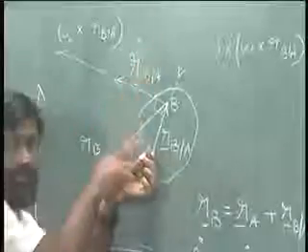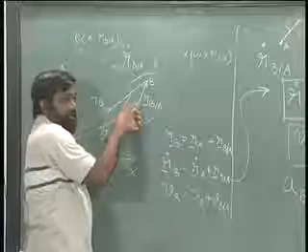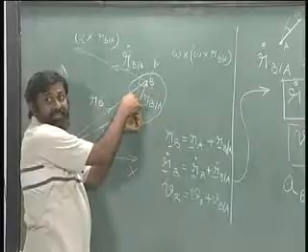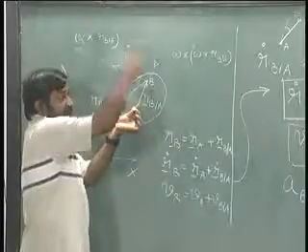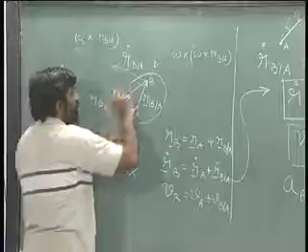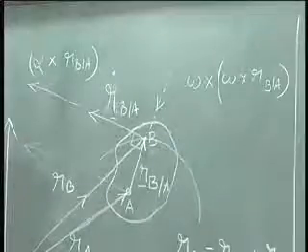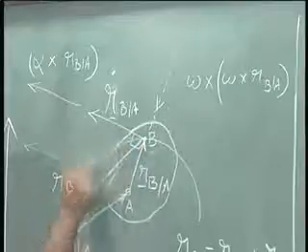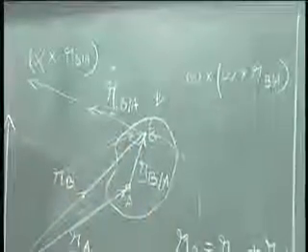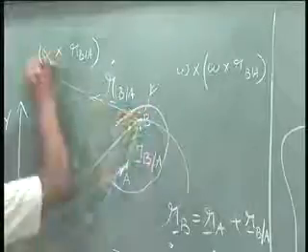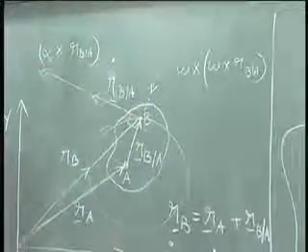Are you with me? Now what do I notice about this particular point? If I see this direction, it is towards A, right. It is going to rotate like this. So if I draw an arc about this A, a circle about this A, this seems to be along the radial direction and this seems to be along the tangential direction.